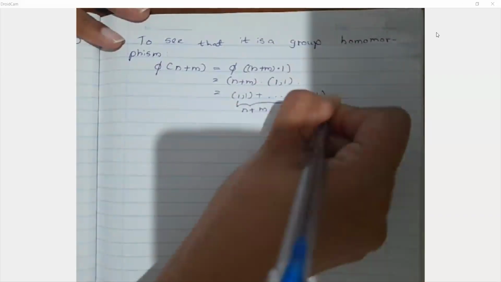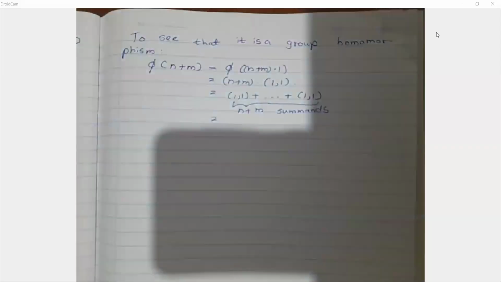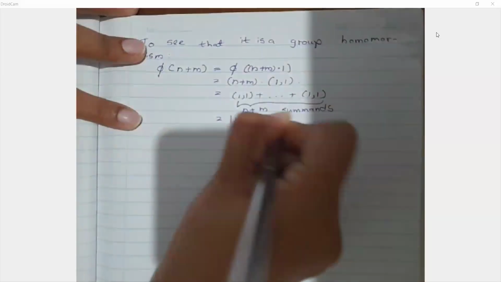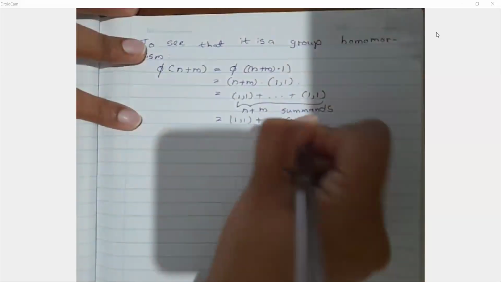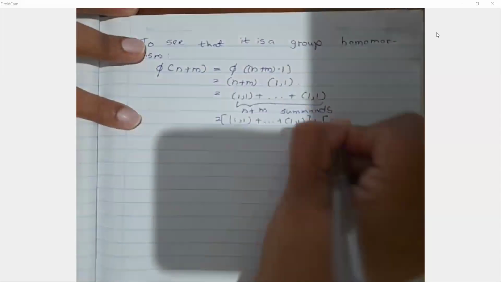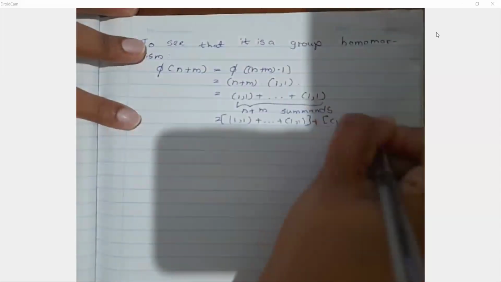So we sort of group all these components because we are adding the same element. We are taking the first n summands and grouping them together. Then we take the next m summands because altogether we have n plus m summands, grouping them together. Let's group n summands over here, m summands.